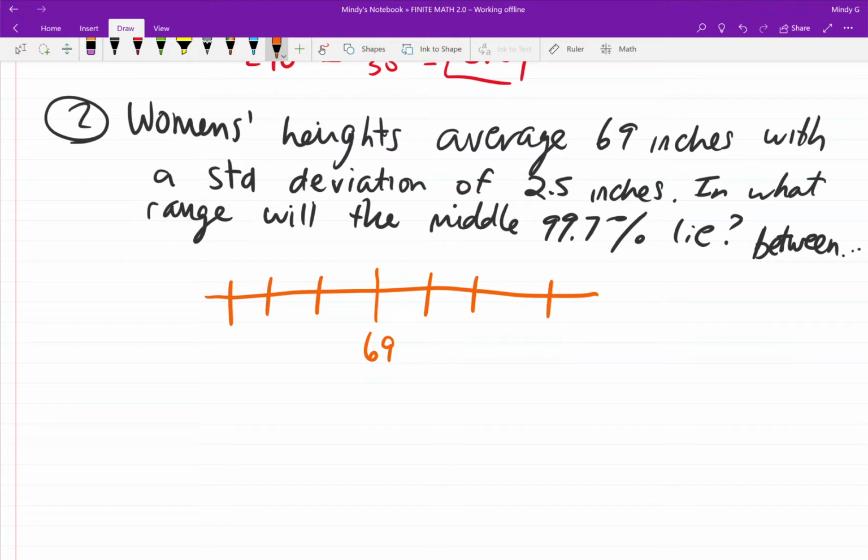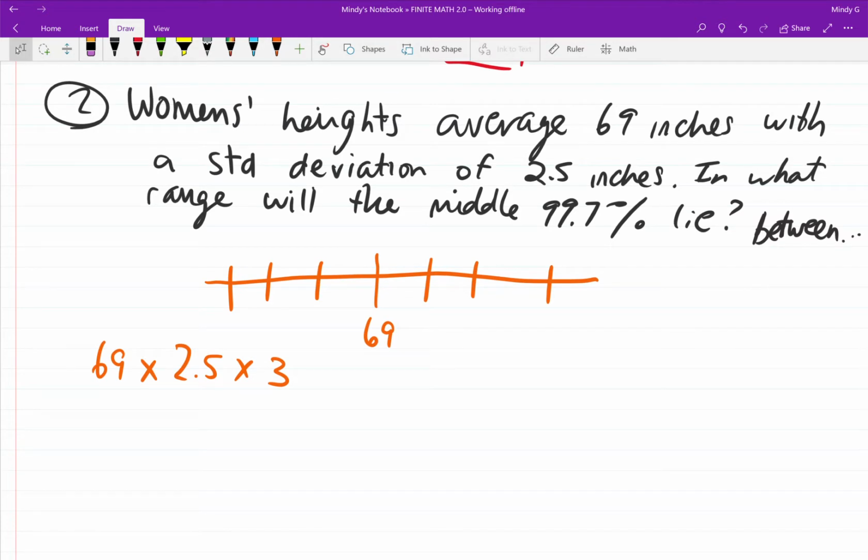Okay, so if you look at the bell curve, 99.7% of our data falls between how many standard deviations? 3, right? So what we want to do is figure out how much is 3 standard deviations. Each 1 standard deviation is 2.8.